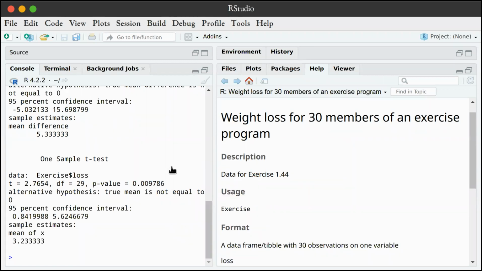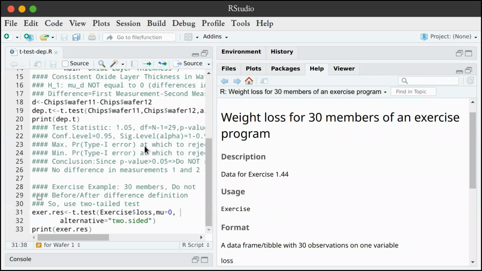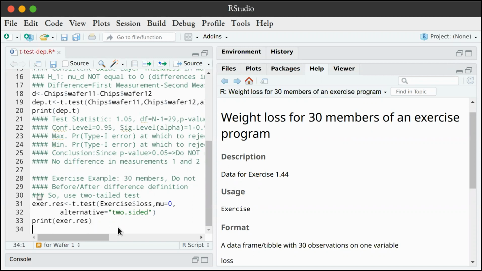So based on the test, we have concluded that there is a difference because of the exercise program. So the null is the average mu d equals 0, which means no difference.